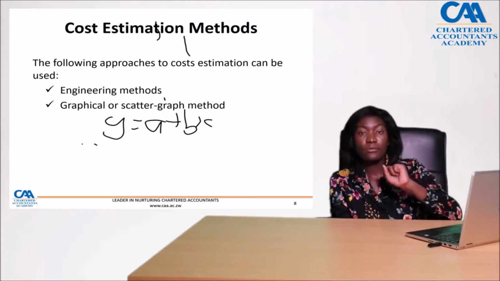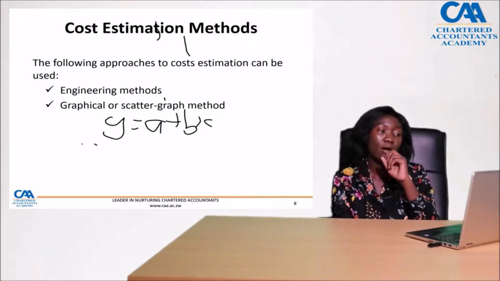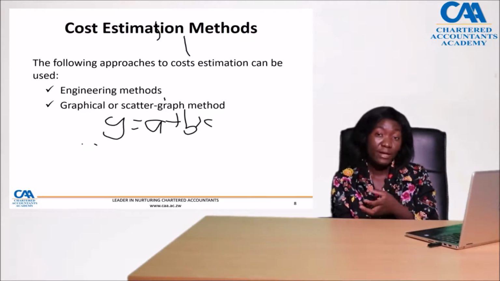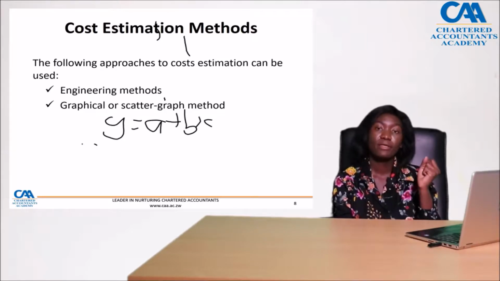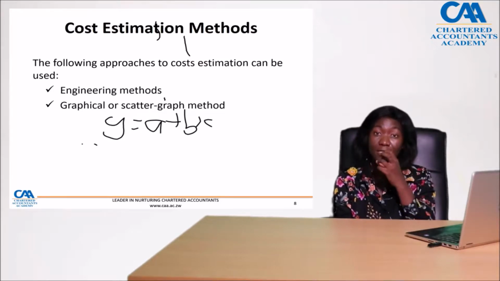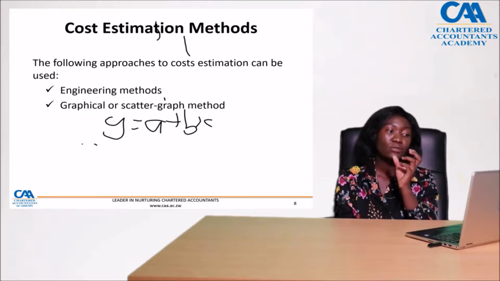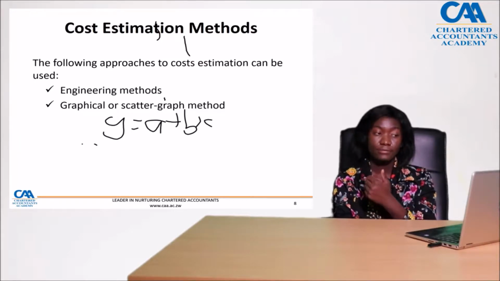We use the same equation, but we make use of statistics to come up with our fixed costs and our variable costs. Now let's move on to the high-low method. The high-low method consists of selecting periods of highest and lowest activity levels and comparing the changes in costs that result from the two levels.